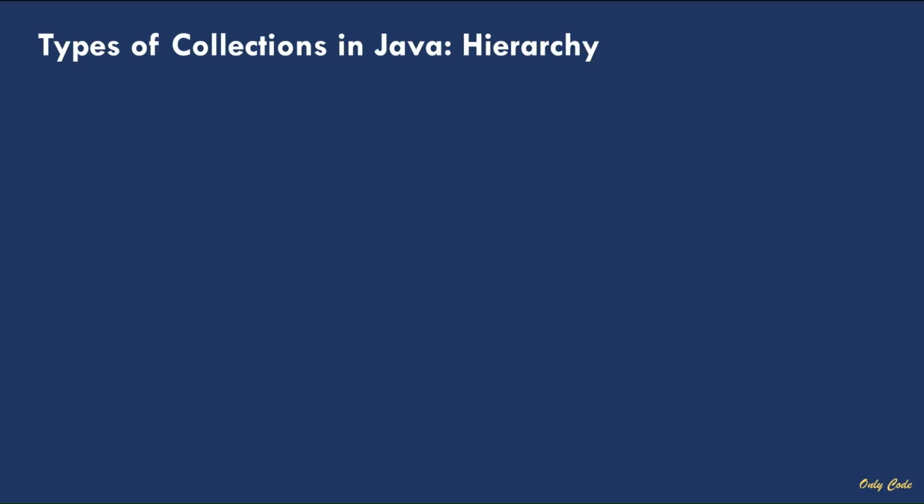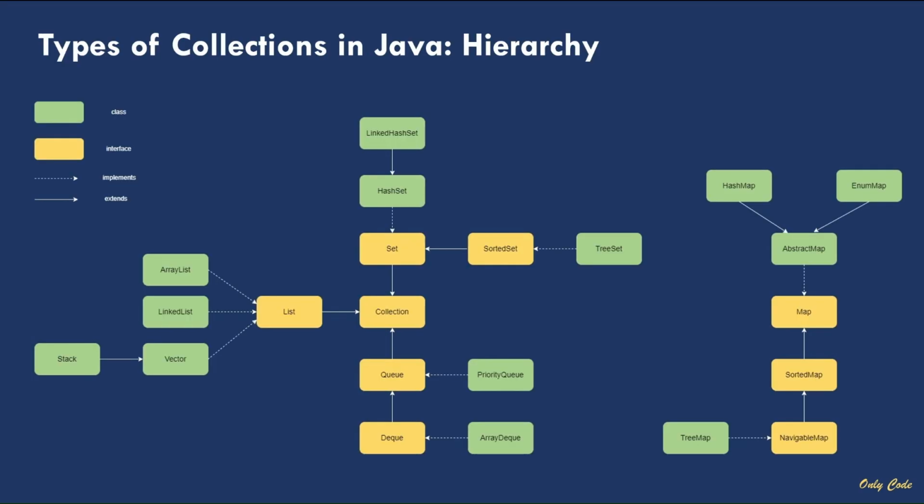Let us now look at the Java collection framework hierarchy. At the top, we have the collection interface, which serves as the root for most of the collection classes in Java.